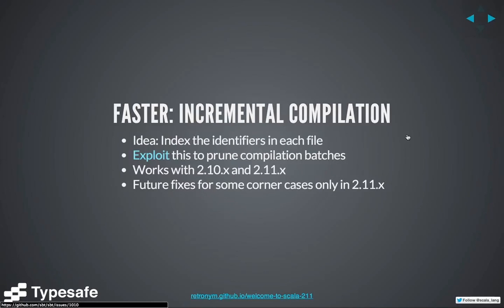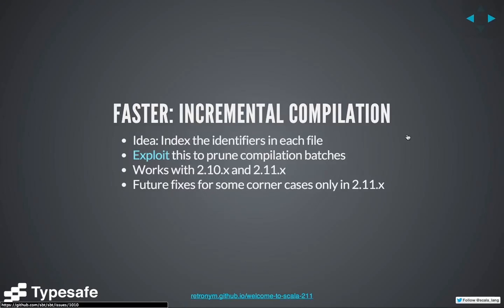The incremental compiler is shipped as part of SBT. However, it's also offered as a standalone library, and that library is available in other build tools, Maven and Gradle, and it's also available by default in the build function from Scala IDE and IntelliJ.